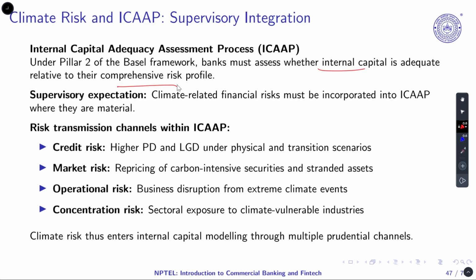Since we have covered most of the commercial banking related indicators, it is easier to understand that the climate risk channels within ICAAP are credit risk, through higher probability of default and loss given default; market risk, regarding how much is in carbon intensive securities and standard assets; operational risk, due to extreme climate events and how much business activities get impacted; and concentration risk, how sectoral level changes are impacting further. All these things are linked with this dimension.